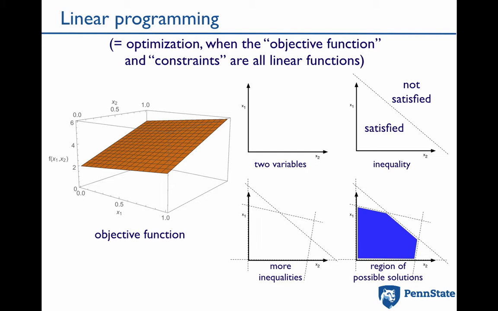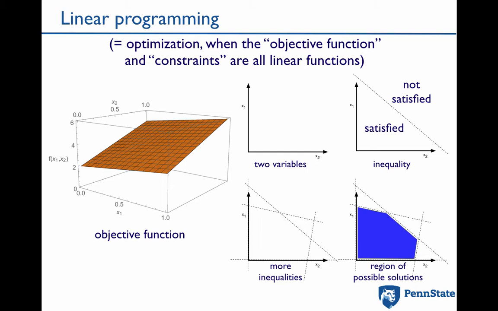And if the other three dashed lines are all requirements that the solution be on the consistently lower or left-hand side of those lines, then you have a region of possible solutions, which is this blue polygon. So now imagine that that blue polygon was sitting in the plane underneath the objective function, which is, if you like, a tilted orange plane above the blue polygon.